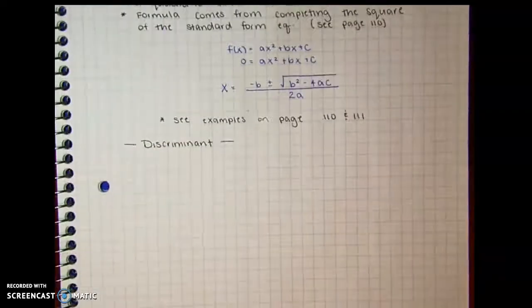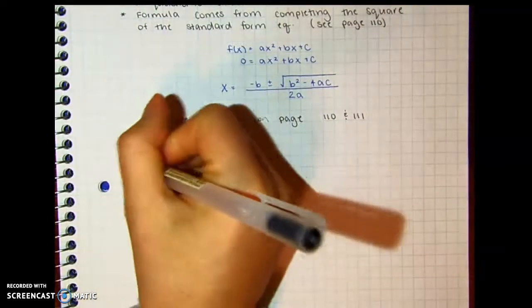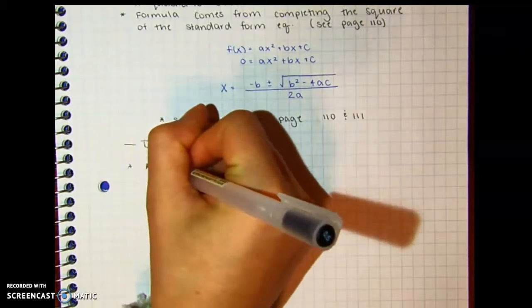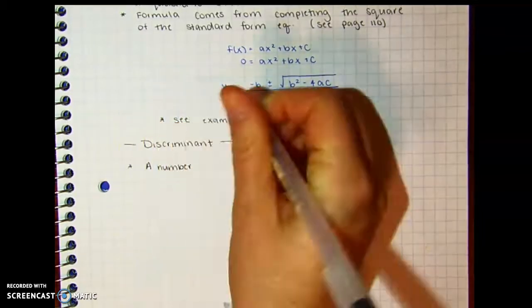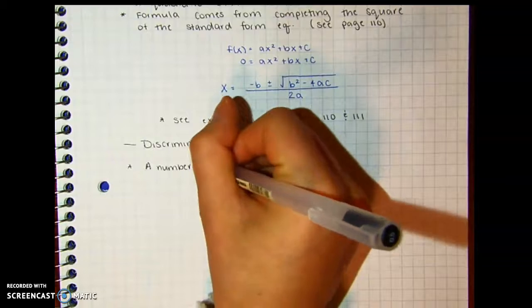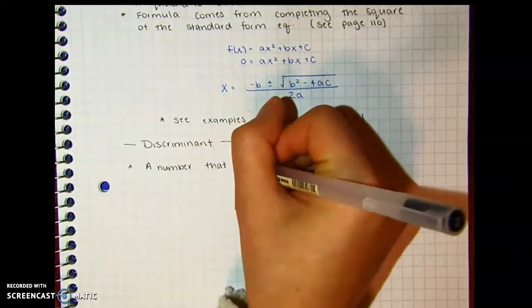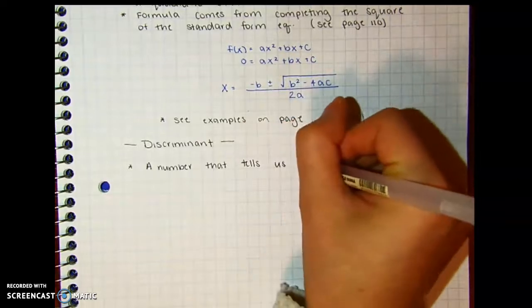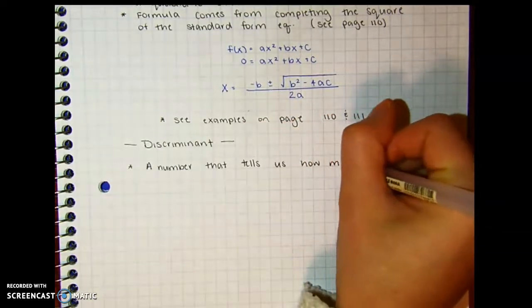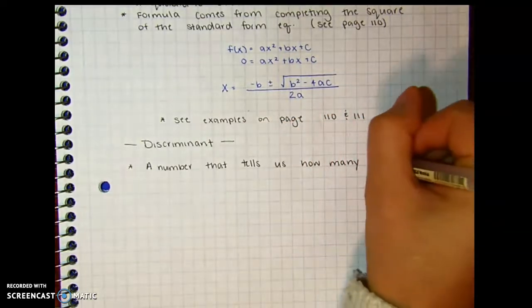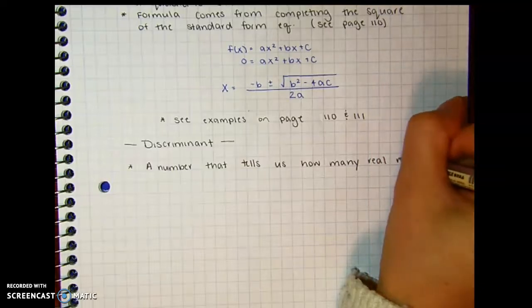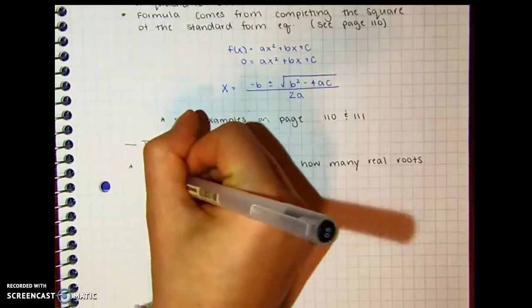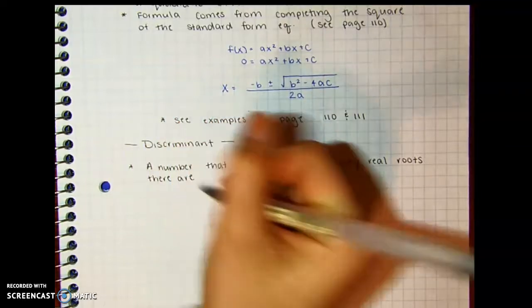So the discriminant is a number that tells us how many real roots there are.